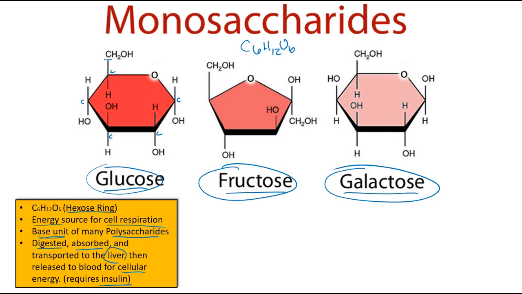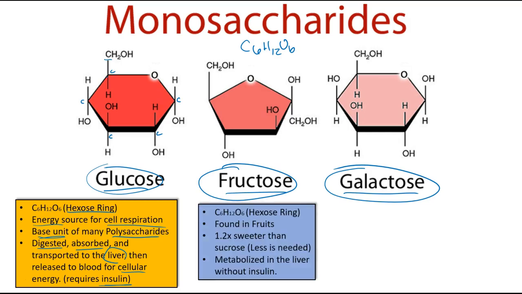Glucose is basically stripped from a lot of the complex carbohydrates you eat on a daily basis and pumped to the liver. It's broken down into the main component of glucose, and then that glucose is pumped into the blood in order for cell respiration to take place.